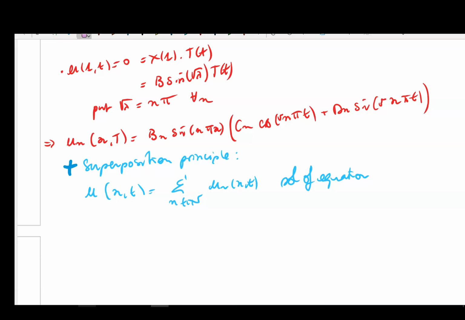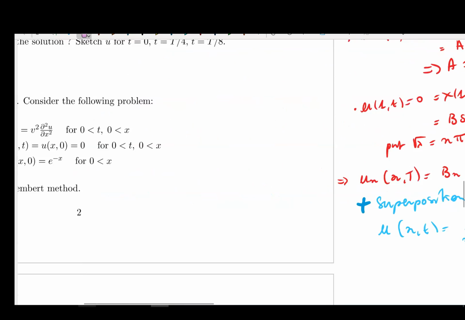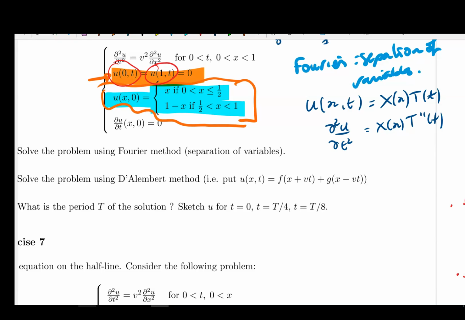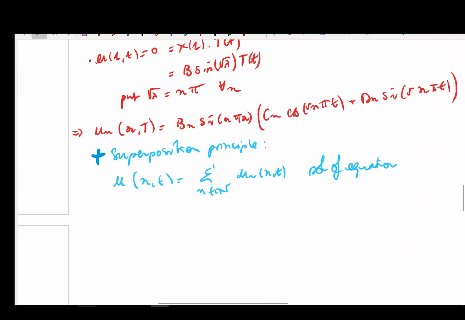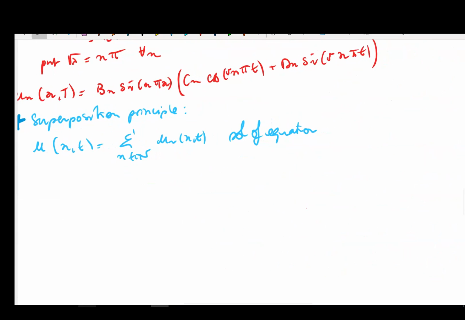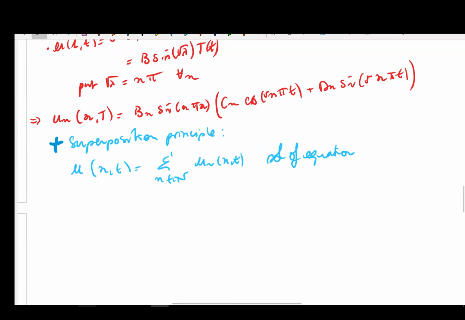And we want now to use the last condition, all right? The last condition being, no, the anti-last condition, sorry. So the one concerning the initial condition, right? So what do we have left to find? You know that if I expand this sum, I will have B_n times C_n, and B_n times D_n.